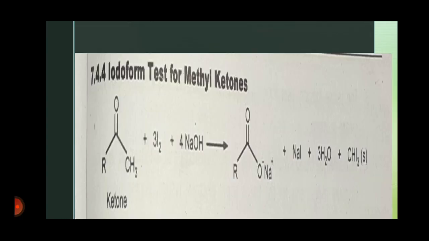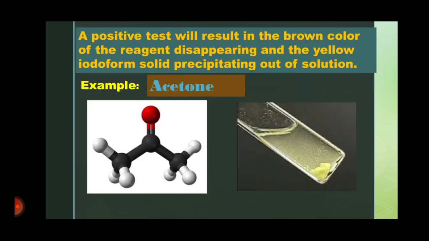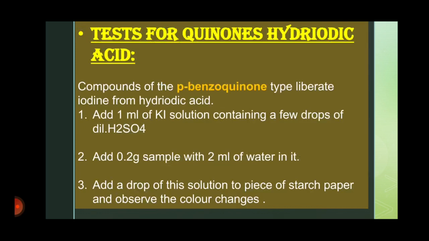Then add 2 ml of 3 molar sodium hydroxide and slowly add iodine to the test tube. A positive test shows the brown color of the reagent disappearing and yellow iodoform solid precipitating out of the solution. Like this you can see in the picture, and the example is acetone.